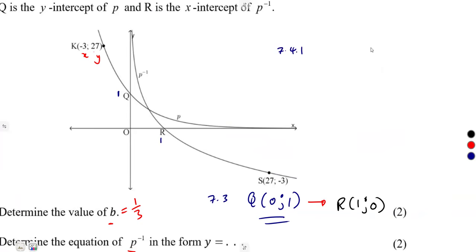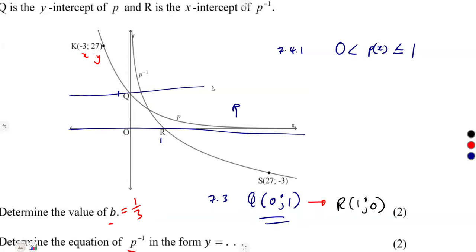They want a condition where P(x) is greater than 0 but less than or equal to 1. P(x), that is this graph here, is greater than 0. It simply means it is found above the x-axis, and that is the condition. But less than or equal to 1, it is limited. Remember, at Q, y is equal to 1. It is limited where y is equal to 1.